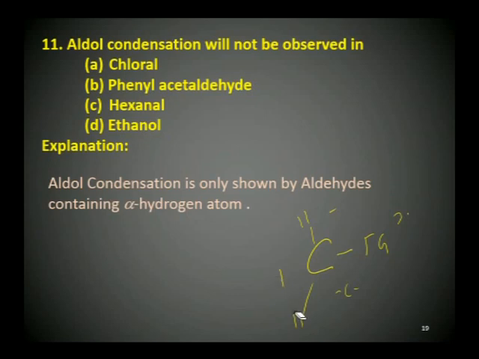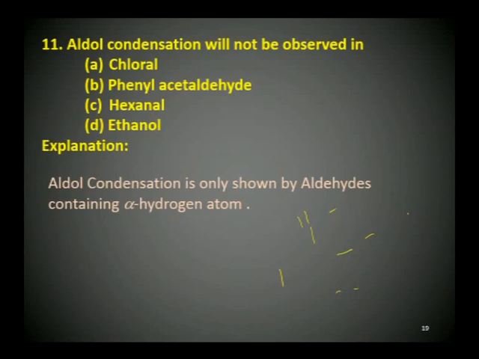Now, in the given options, if you see phenylacetaldehyde and hexanol, they are having alpha hydrogens. Ethanol is an option where you can see that it is an alcohol, it cannot be an aldehyde.